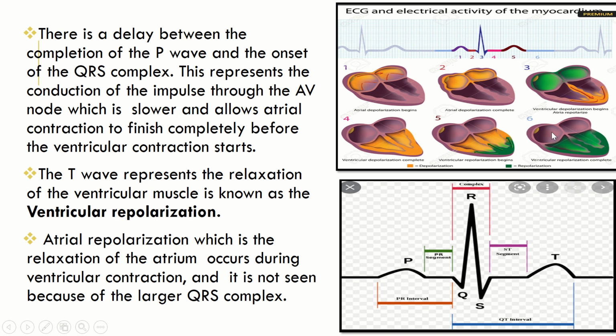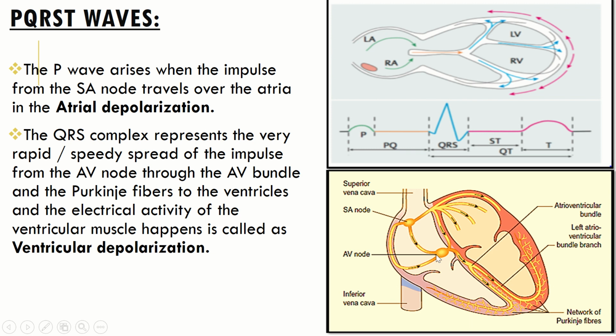If you have any doubts, refer to my previous video, where you have a detailed description of the cardiac cycle. This is where the PR segment happens, because the atrium has to contract completely, and the AV node will get the signal and it has to travel through the bundle of His to the Purkinje fibers. At that time, what happens?